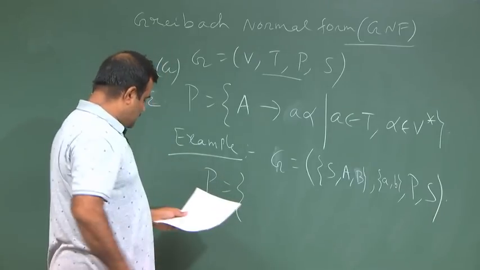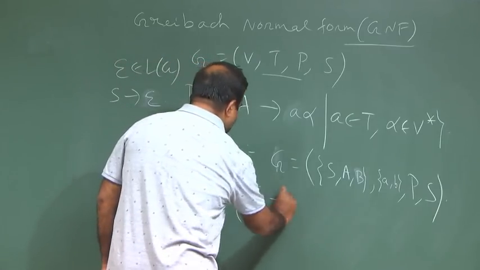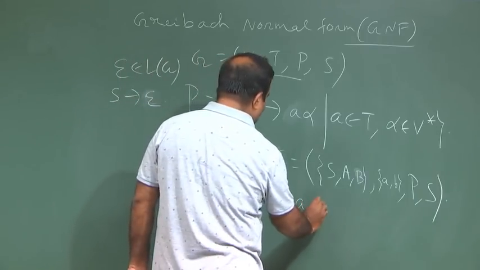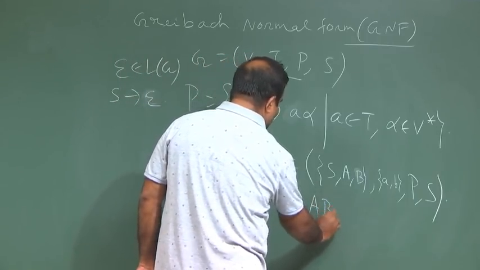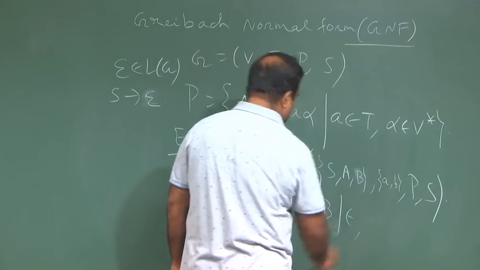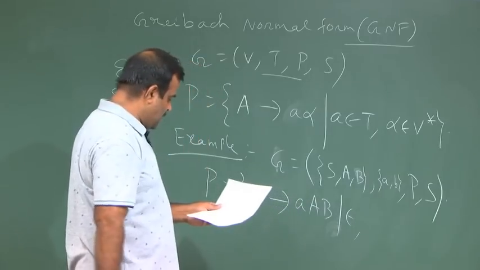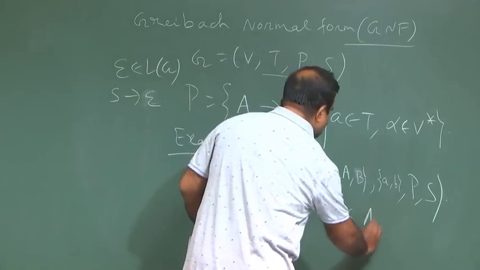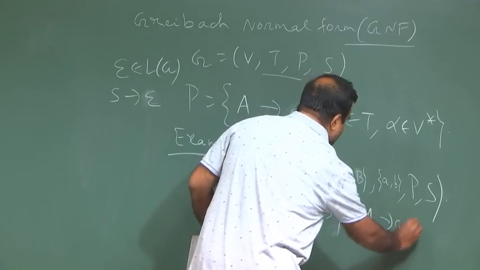Suppose we have a rule like this: S goes to some aB or epsilon, and A goes to a, B goes to b.